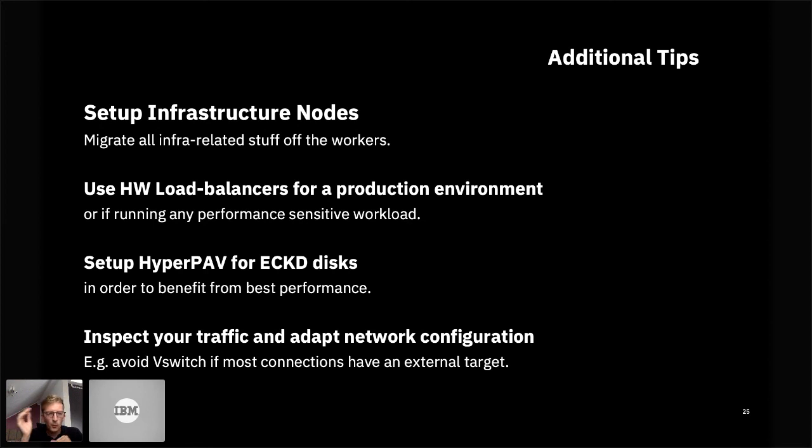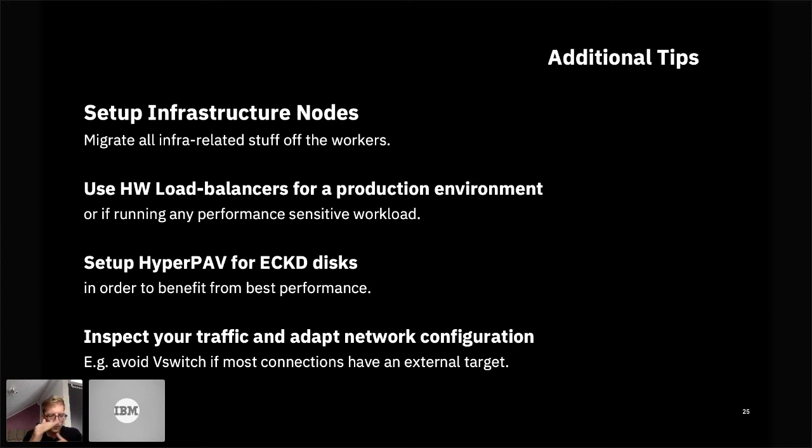Another thing is, when running inside a z/VM environment, it's important to think about HyperPAV. If you're thinking about and already playing around with OpenShift on Z, you can try to Google it. You can go to the IBM Knowledge Center and get to the section with performance data.